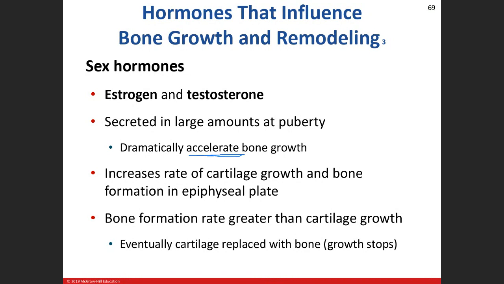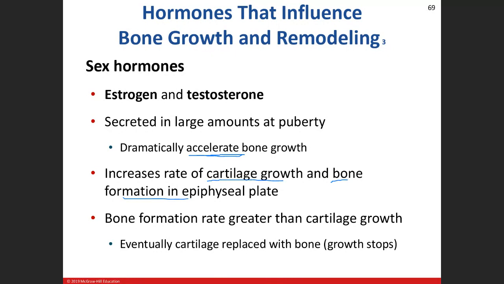What happens? Cartilage growth and bone formation. So now we're double dipping here with estrogen and testosterone. They're going to increase not only the amount of cartilage formation that's occurring, which is that cell division, that mitosis, and that hypertrophy, but also that ossification process, the osteoblasts.